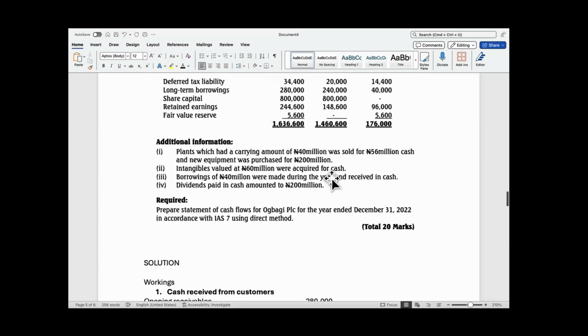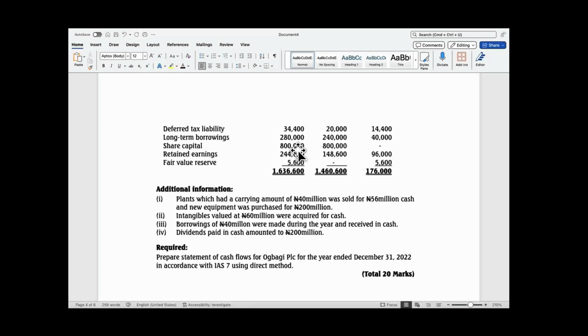Then the next one is my share capital. My share capital did not change, 800. So I will leave that. My retained earnings. Ordinarily, I would have moved these retained earnings.